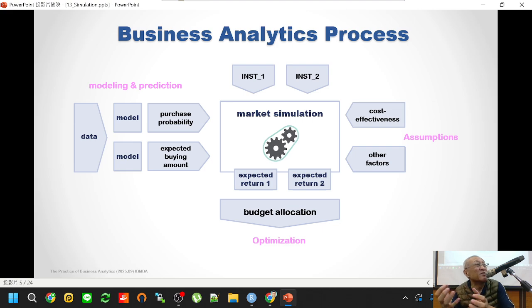That's basically the assumption that you want to set. After you do that assumption for the cost effectiveness, then we can do a simulation. Then we can calculate the expected return for each of these instruments, so you can allocate budget and then maybe do some optimization. That is basically what we are going to do today, and that is what you are going to present in your final presentation.